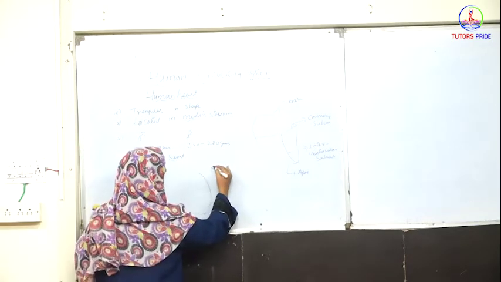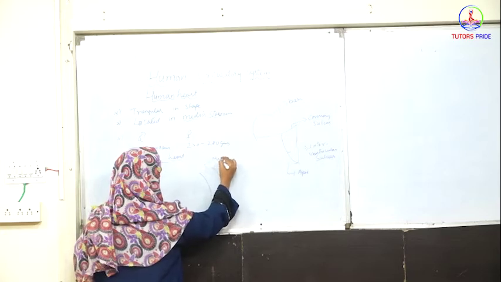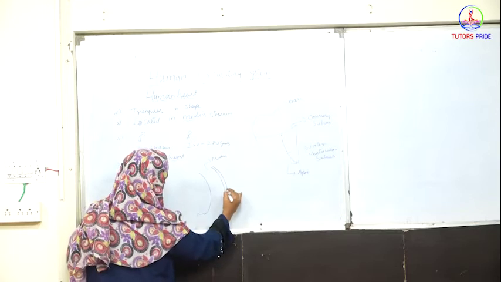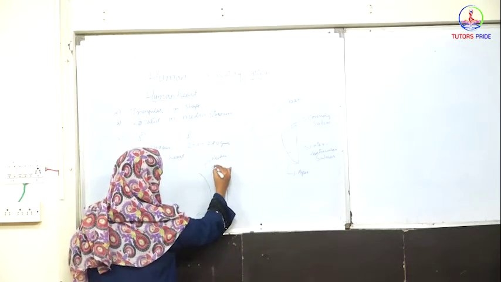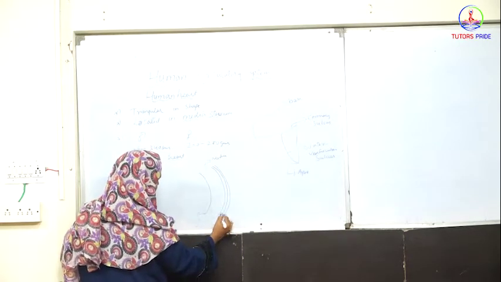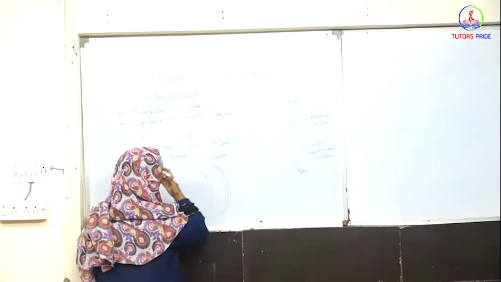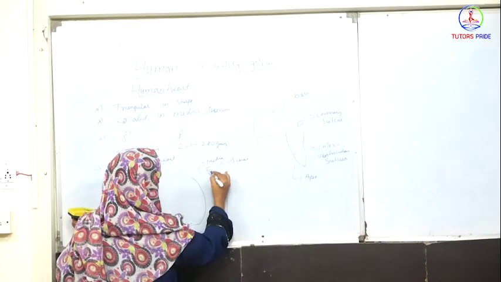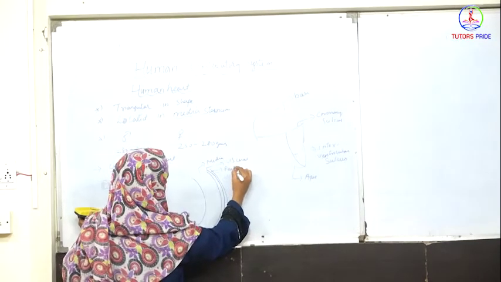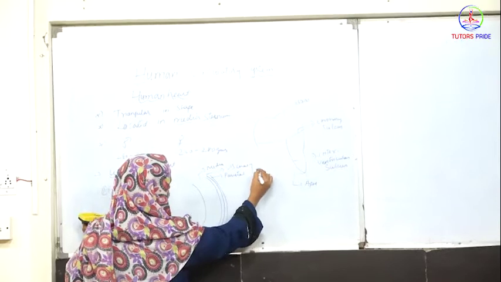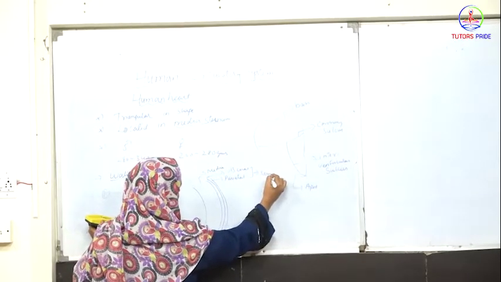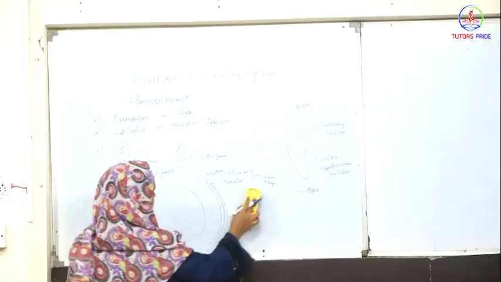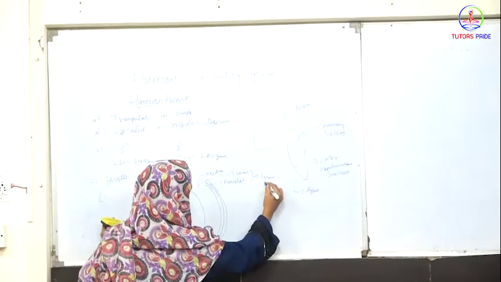Then this would be the middle one, and these are the visceral and the parietal layer. These two together are called the serous layer or serous pericardium.